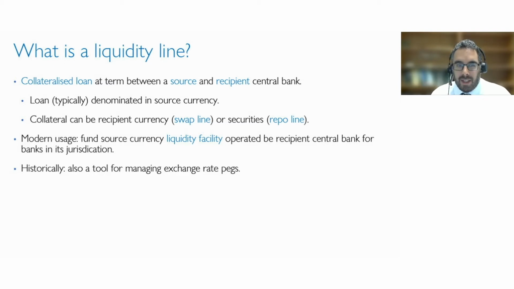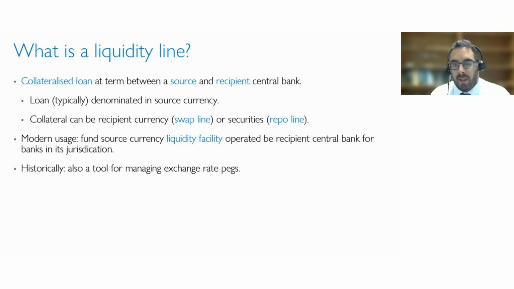These loans are collateralized in the sense that there can be a deposit of recipient currency that backs the loan, in which case it's structured superficially as an FX swap. So we call it a swap line. That's where the term swap line comes from, although in reality it's very different from an FX swap that you would see in the markets.